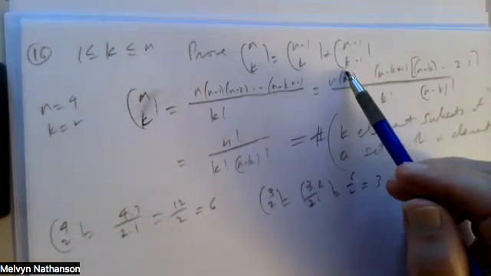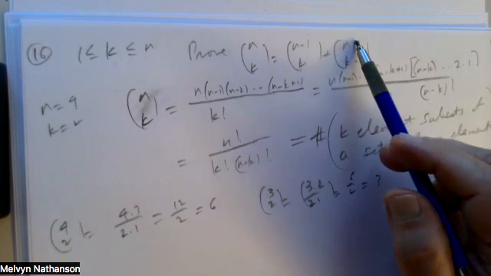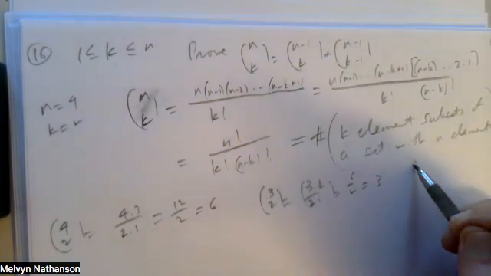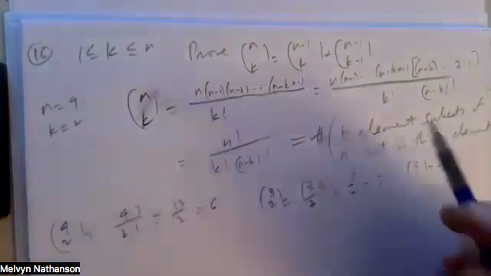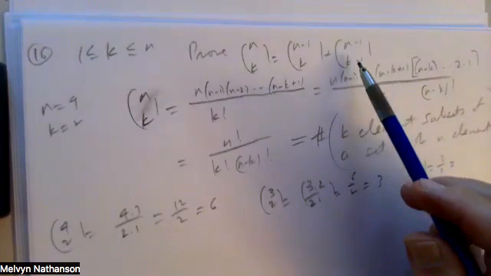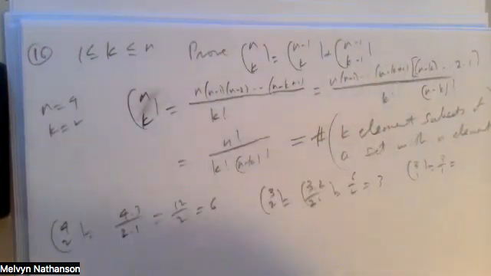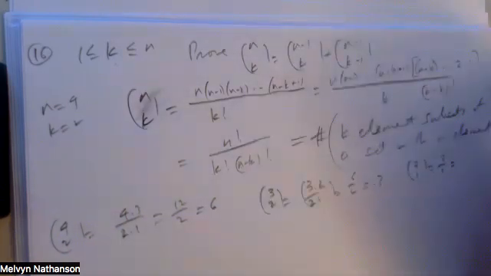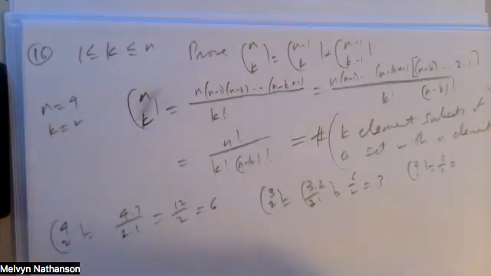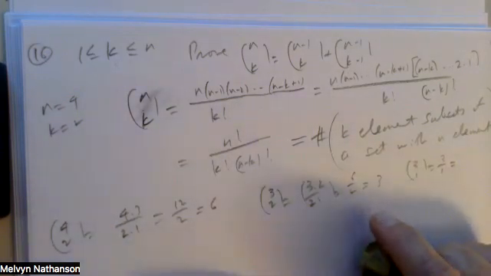If n is 4 and k is 2, n minus 1 is 3 and k minus 1 is 1. 3 choose 1 is 3 over 1. Let's see, something here isn't right. 4 choose 2, that's 6. 3 choose 2 is 3 times 2 over 2 times 1, is 3.